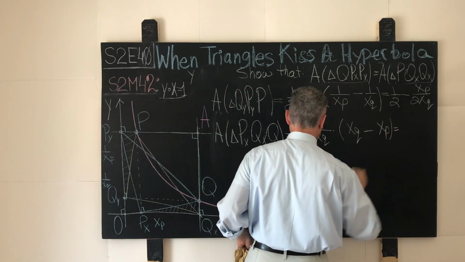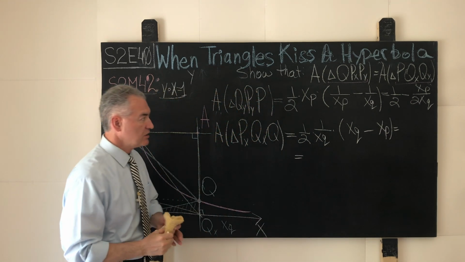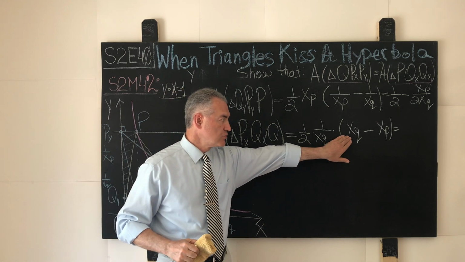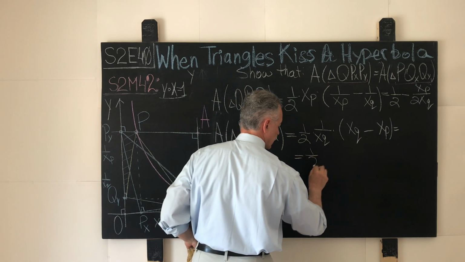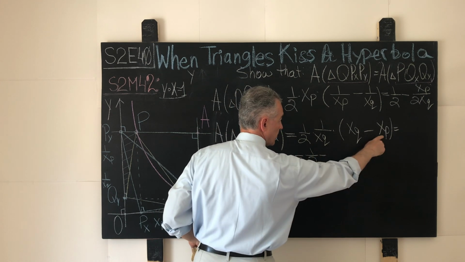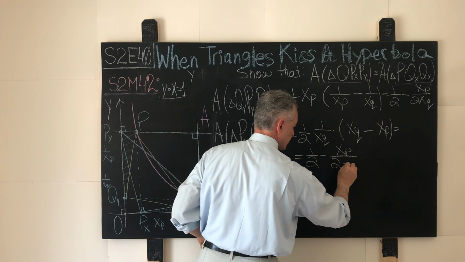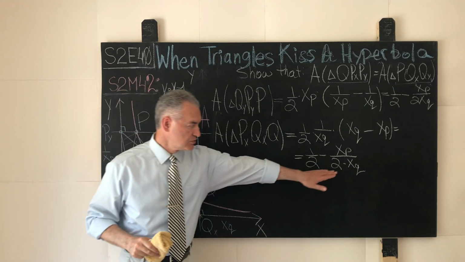And what do we have here? In this case, let's complete this expression over here. xq in the denominator this time, xq in the numerator cancel each other out. We have 1/2 minus what? xp in the numerator divided by 2 times xq. And when we compare the two expressions, what do we have?